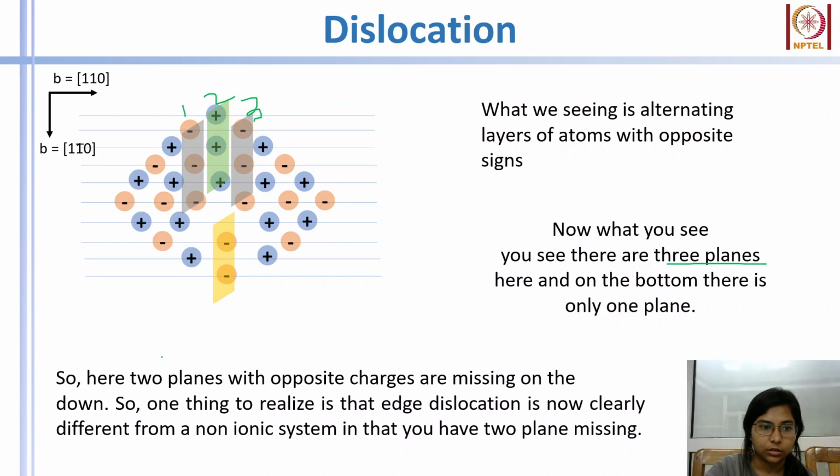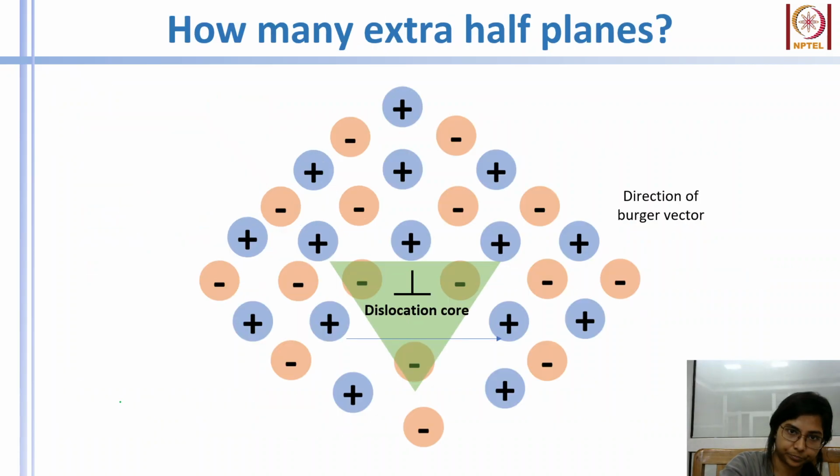So here two planes with opposite charges are missing on the bottom. So one thing to realize is that the dislocation is now clearly different from a non-ionic, for example metal system, aluminium, because here we have two planes missing.